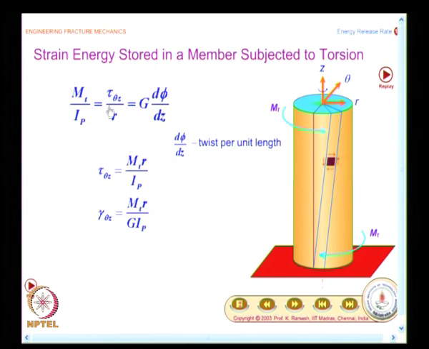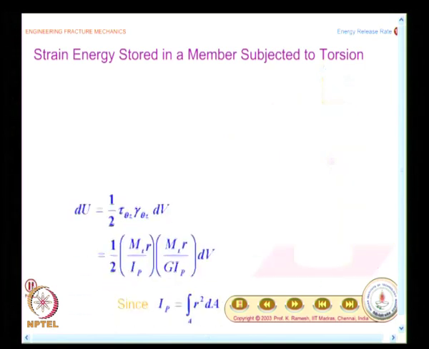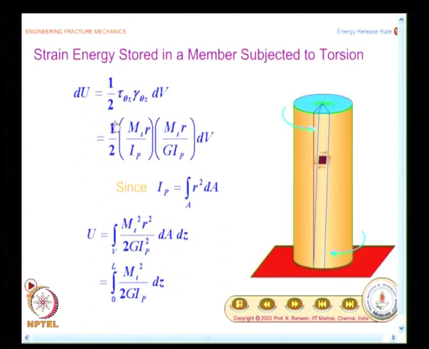So, you have the expression for shear stress as well as the shear strain, and you get the incremental energy as 1/2 of tau theta z gamma theta z dV, and this could be replaced in terms of the torsional moment applied.